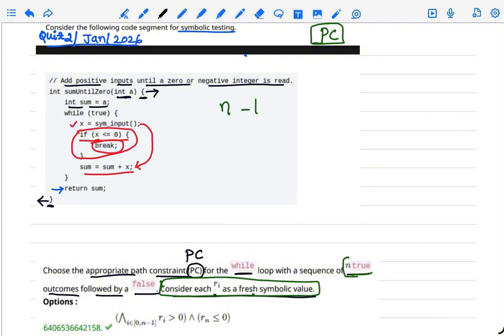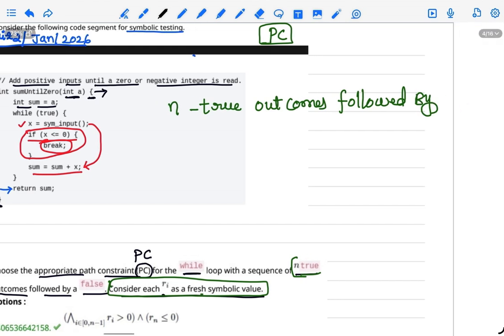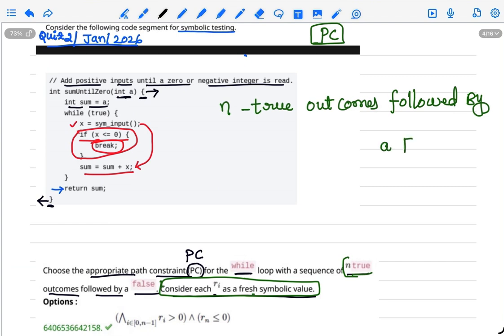N true outcomes followed by a false. Outcomes means the output. What is this output? N true outcomes followed by a false output.